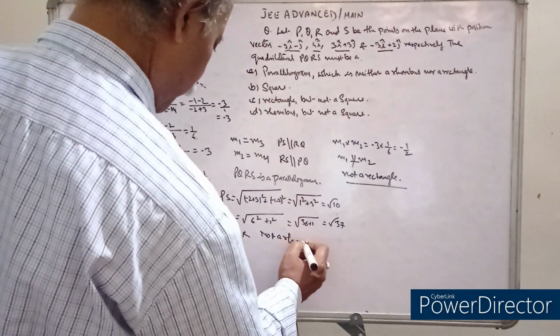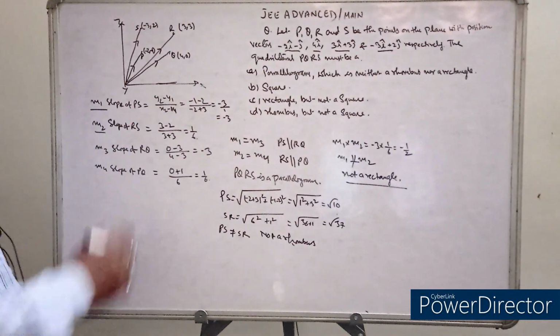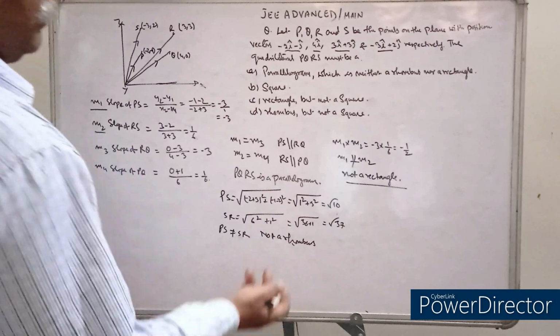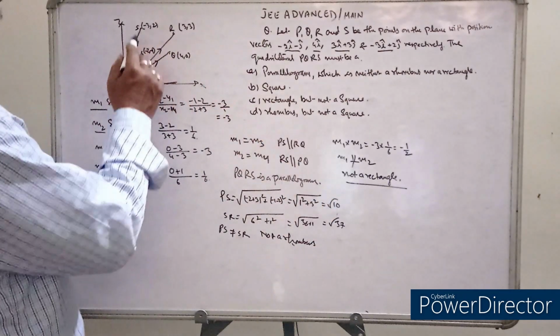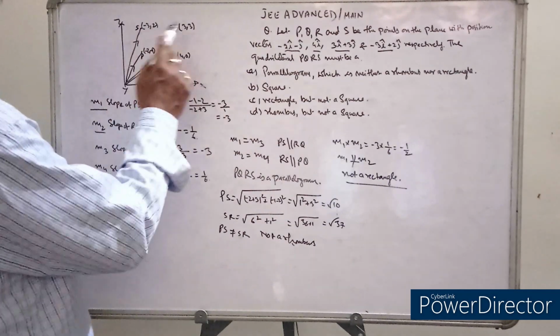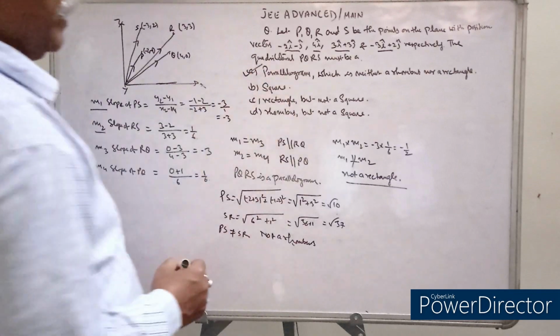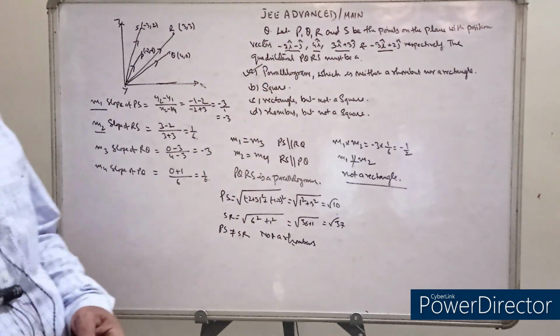This is not a rhombus because adjacent sides of a rhombus are equal; a parallelogram whose adjacent sides are not equal is not a rhombus. And at the same time, PS is not perpendicular to RS, so it is not a rectangle. So your option 1 is correct. Your option was a parallelogram which is neither a rhombus nor a rectangle. This option is correct.